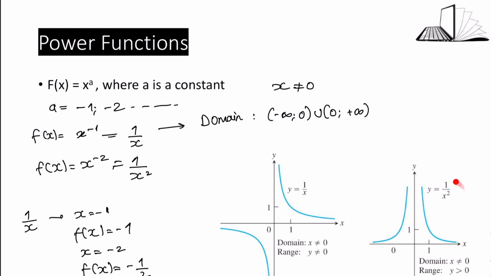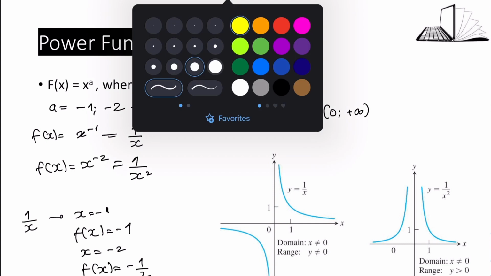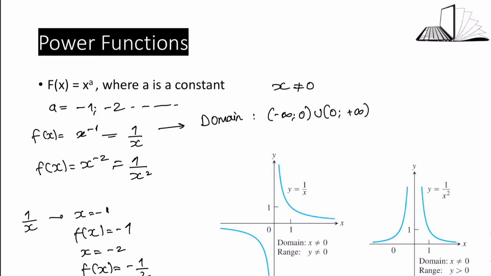This is not the case for f of x equals 1 over x squared, because we can't have a negative value here. y cannot have a negative value because we have an even power here, power 2. You're multiplying negative by negative, so all the time you're going to get a positive value. For this reason, the domain for these two functions is from minus infinity to 0, union 0 to plus infinity.